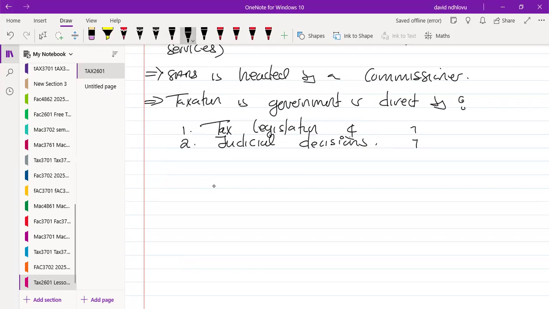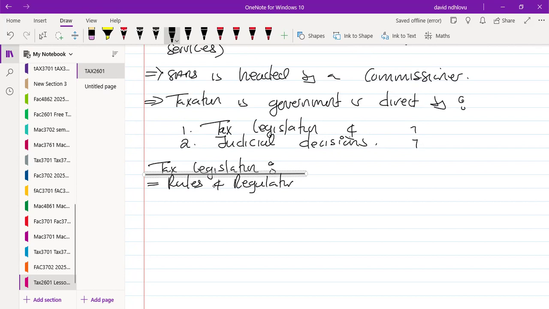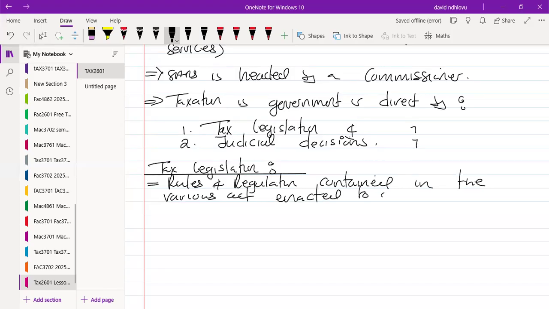So when you talk about tax legislation here, we are talking about the rules and regulations contained in the various acts enacted to govern tax regimes.